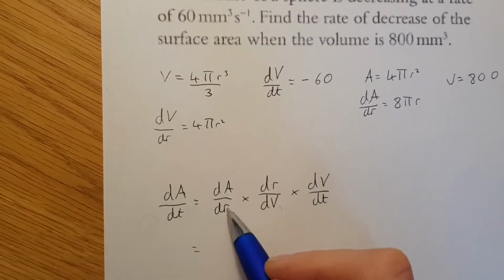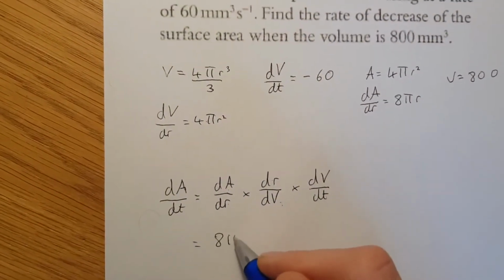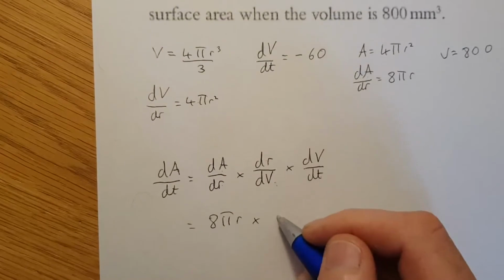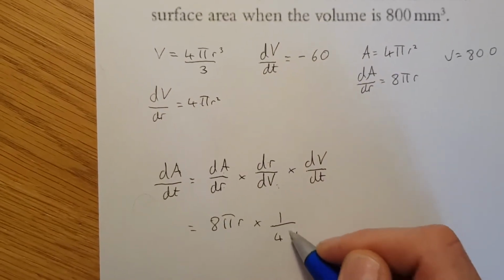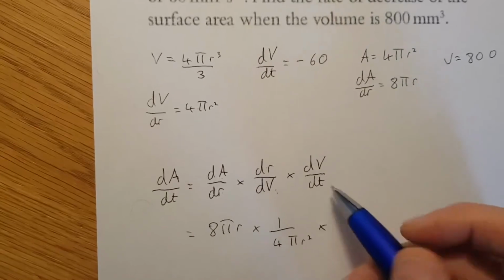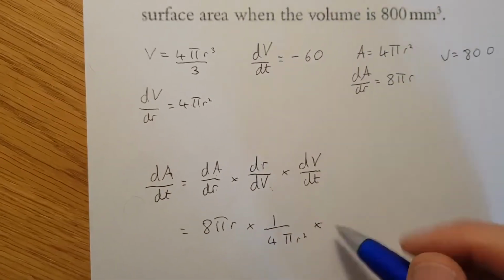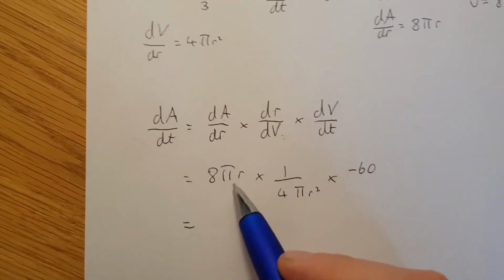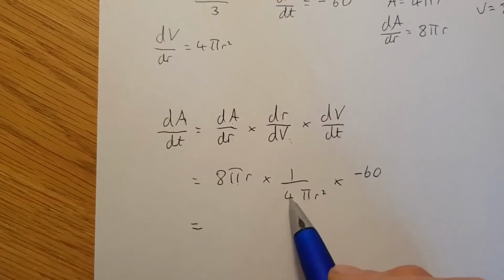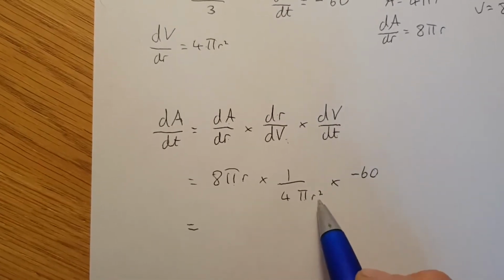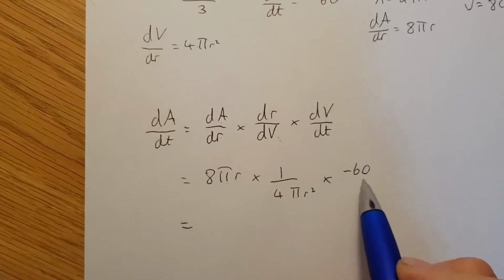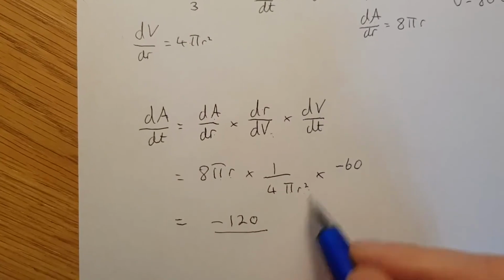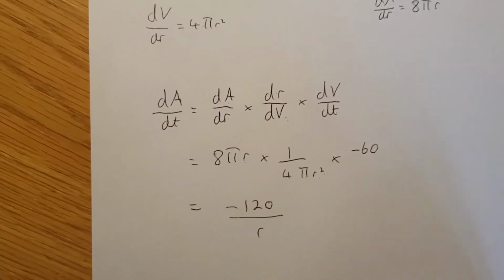So dA by dr is 8 pi r, that's from there, times dr by dV, which is the reciprocal of that, so it's 1 over 4 pi r squared, times dV by dt, which is negative 60, which equals, the pi's cancel, the 8 will cancel with the 4, one of the r's will cancel, so I'll be left with a 2 and a negative 60, so I'll get negative 120 in the numerator, and the r and the r squared will cancel to leave an r in the denominator.